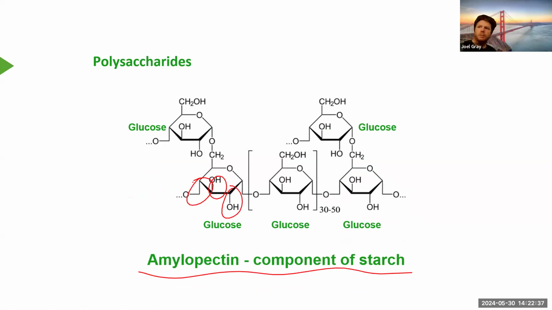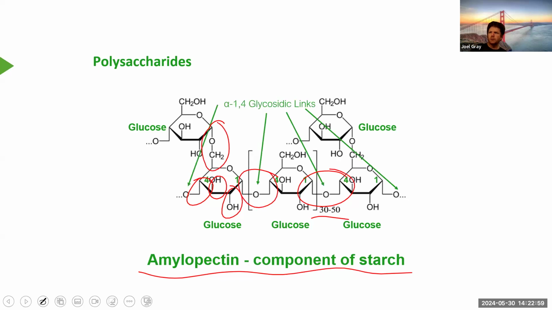These amylopectin molecules are a little bit smaller, 30 to 50 subunits. But the fundamental difference between them is we've got 1,4 linkages, but now we also bring in 1,6 linkages. So an amylopectin molecule can have 1,6 linkages.